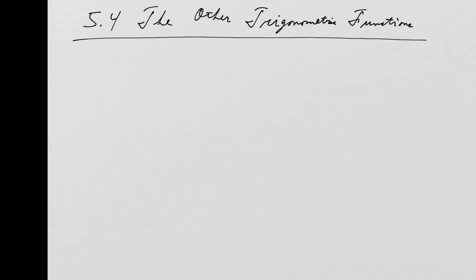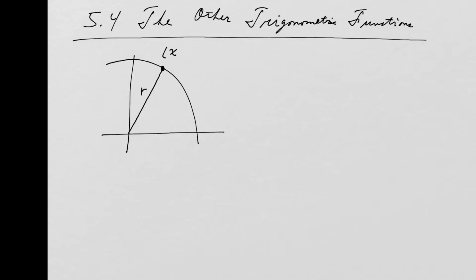Okay, so again, this is going to be true for any angle, but I'm just going to draw it so that it's in the first quadrant, but it can be any quadrant. Okay, so let's say we have, right, here's our point, this is R, again, this point is going to be X, comma, Y. So that means that this distance is really the Y value, and then this distance would be the X value.